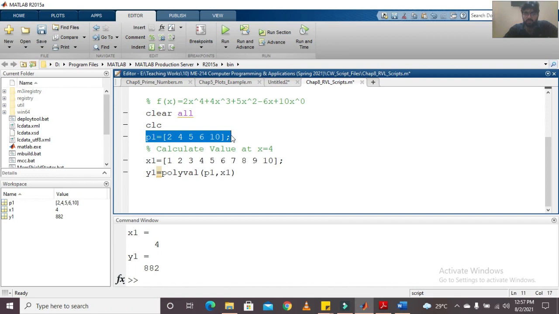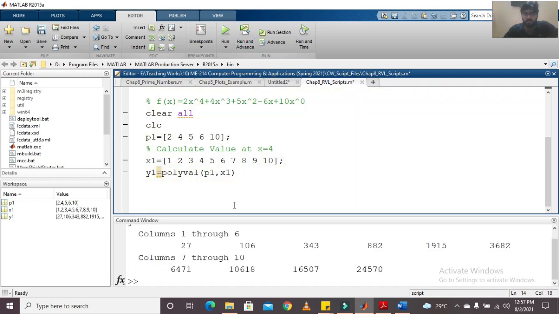I will use the same command polyval, and there is nothing which needs to be changed. I will simply run it, and what will happen is that it will first put the value 1 and calculate the value of y using this polynomial.